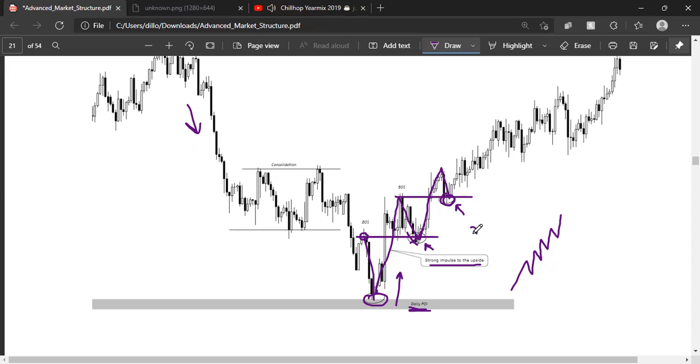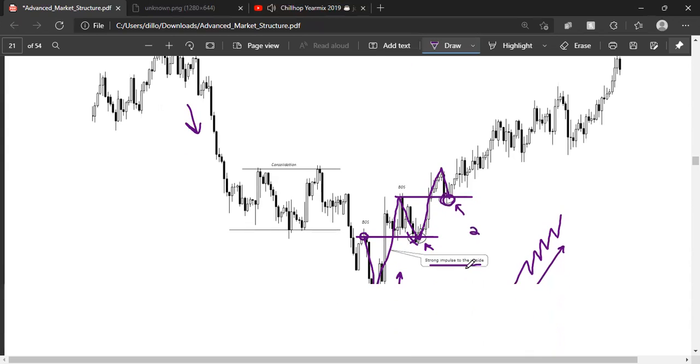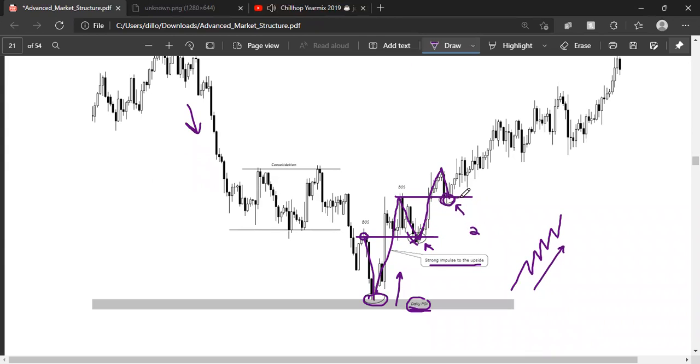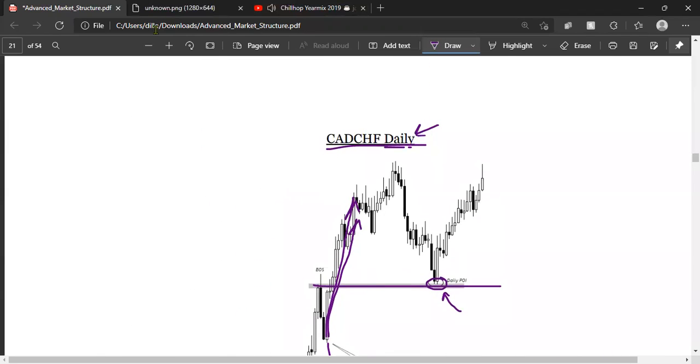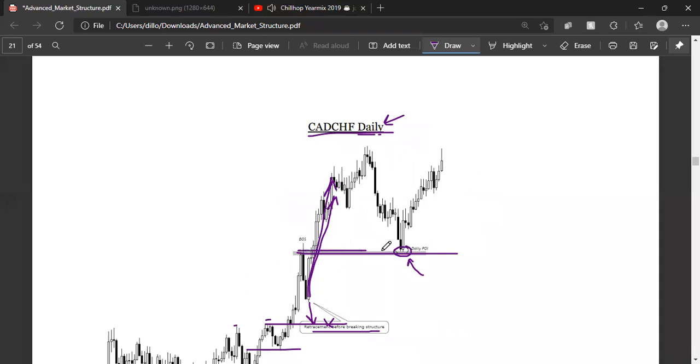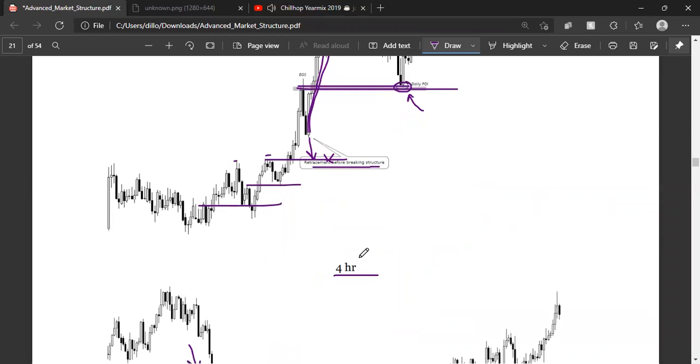You have two breaks of structure from this higher time frame point of interest. So the direction of this market now is pretty solid. It's solidly confirmed that it's bullish now from this daily point of interest.